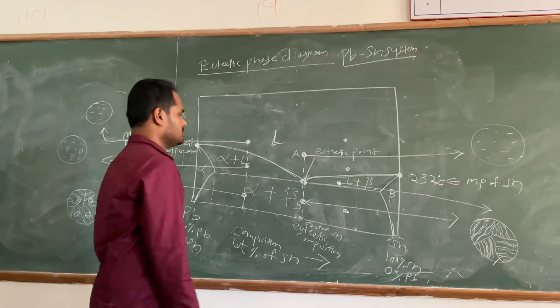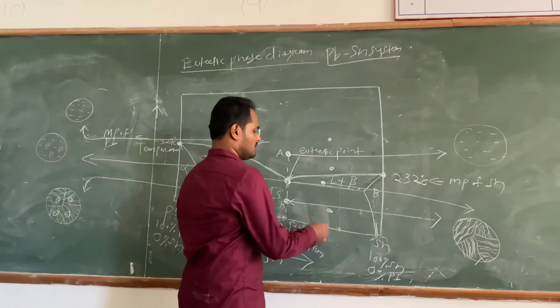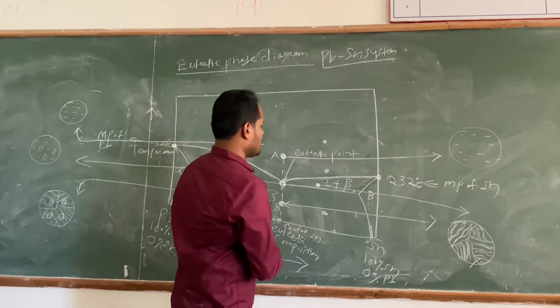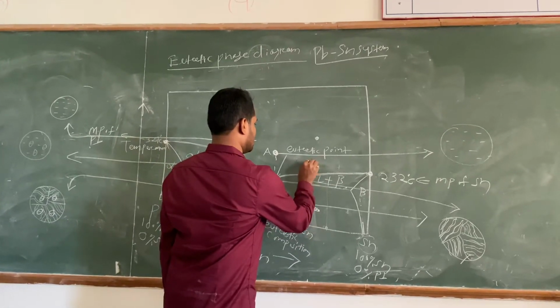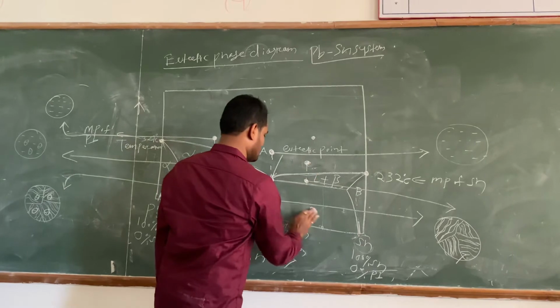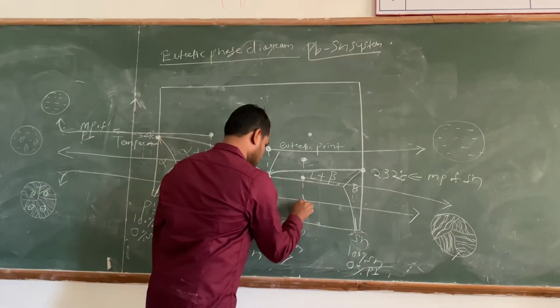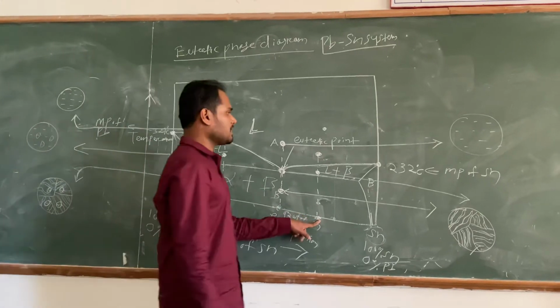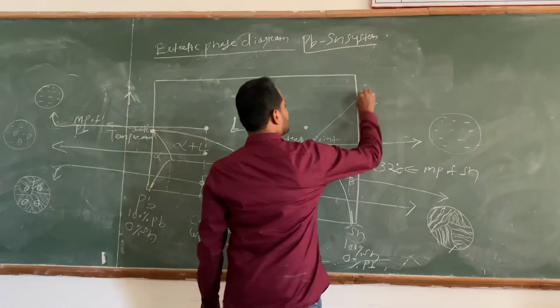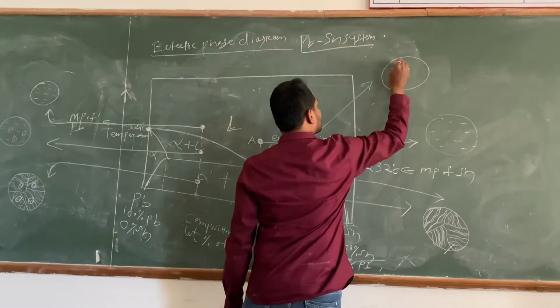Only solids. Then suppose I take a composition of this one. That means this is a hypereutectic composition. How will the microstructure go? We will have only liquid.